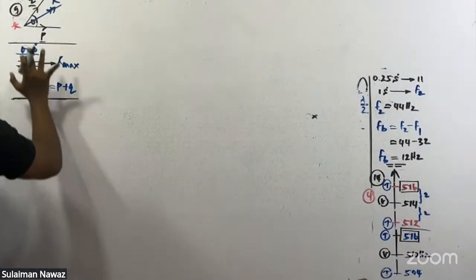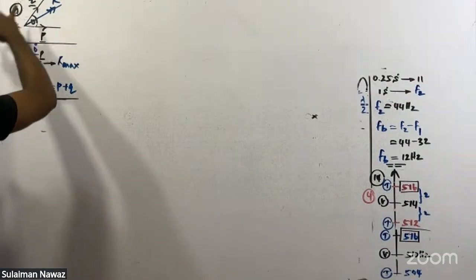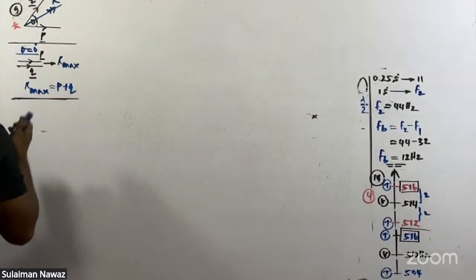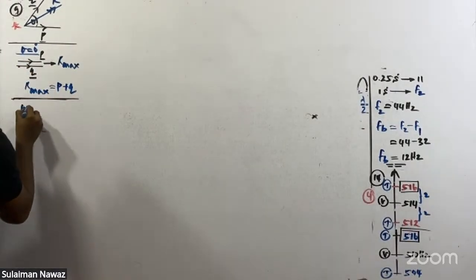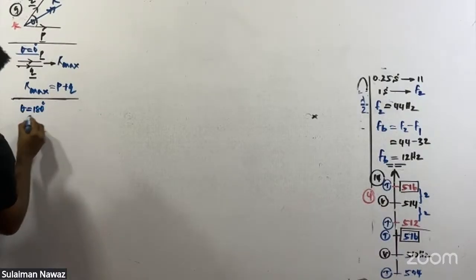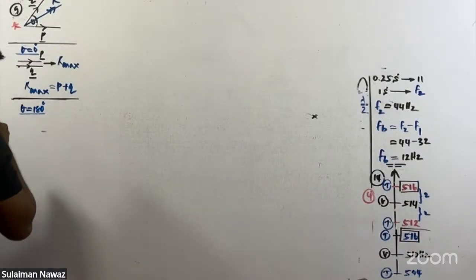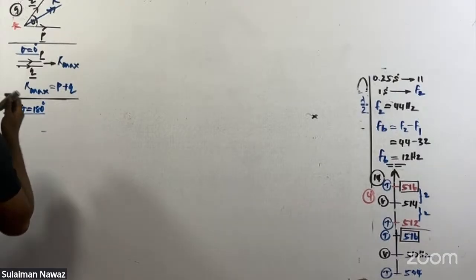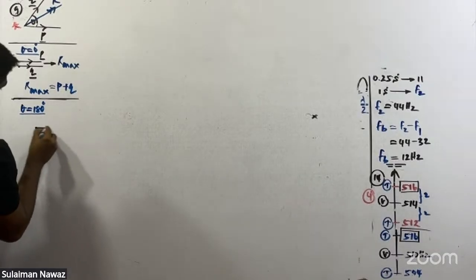Next story. Remember, when theta is 180, vector P and vector Q are opposite, which gives the minimum resultant magnitude.